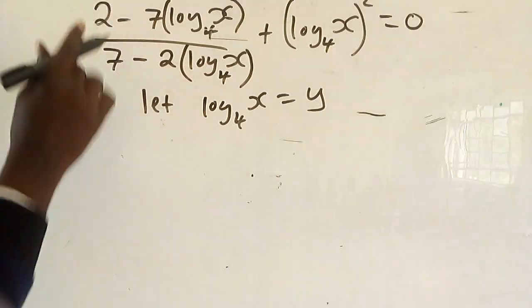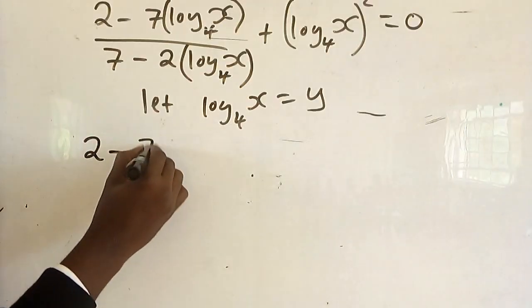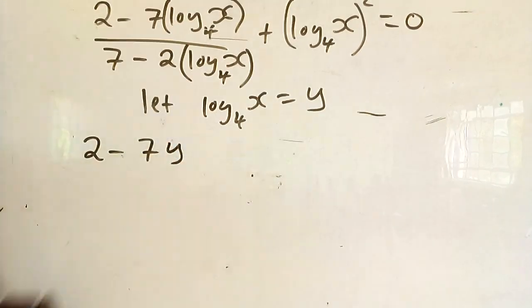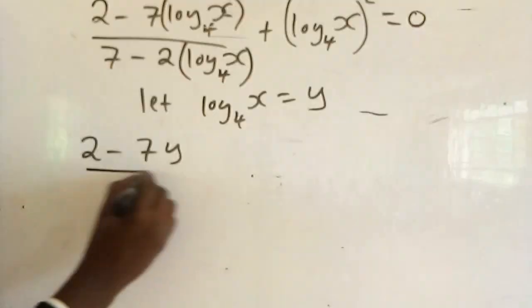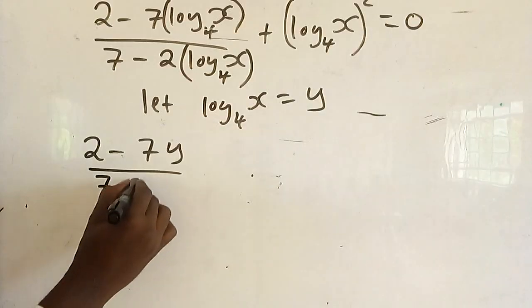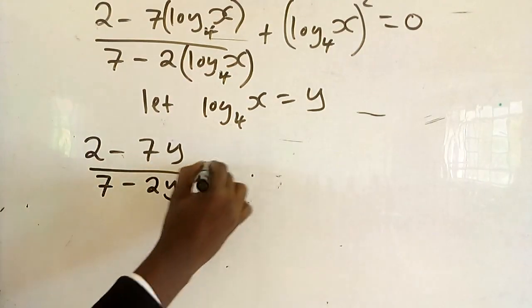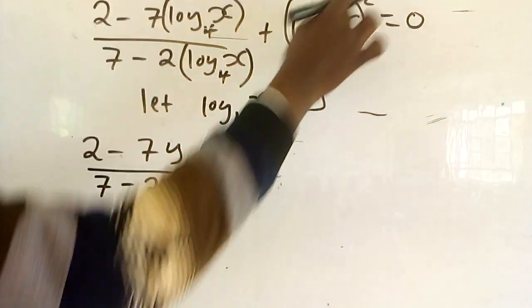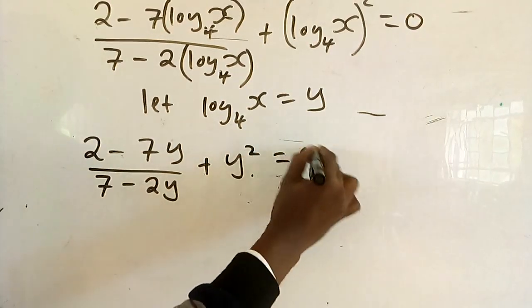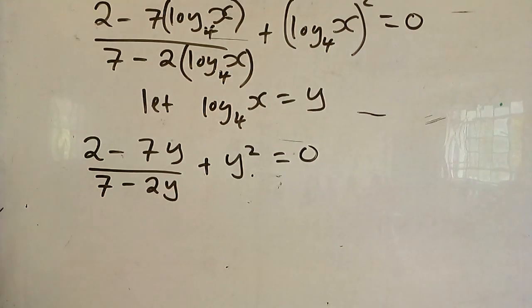Here we have 2 minus 7y over 7 minus 2y, plus y squared is equal to 0.